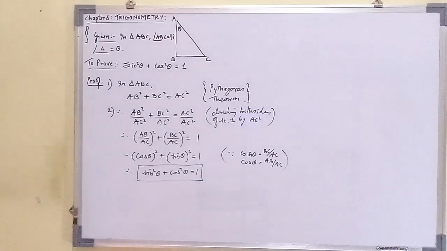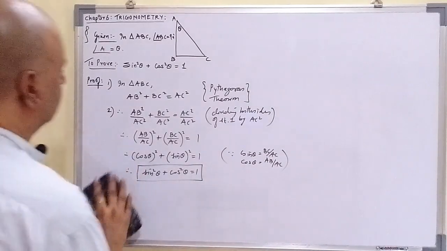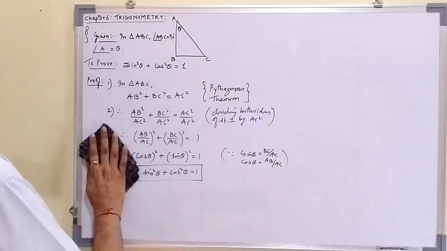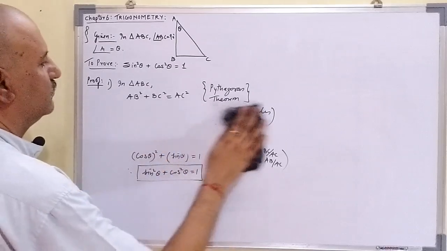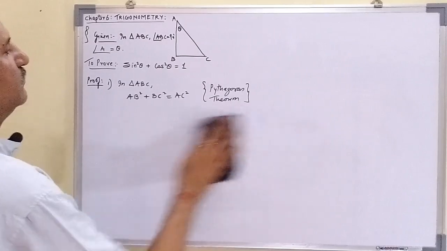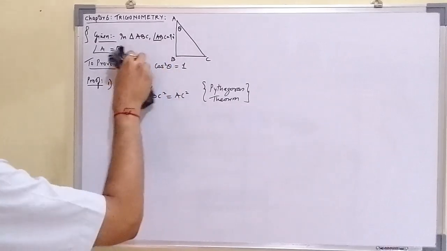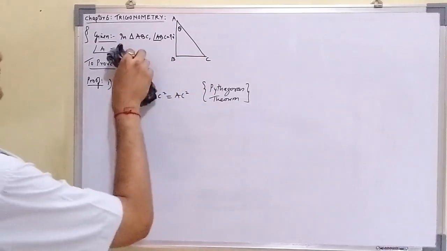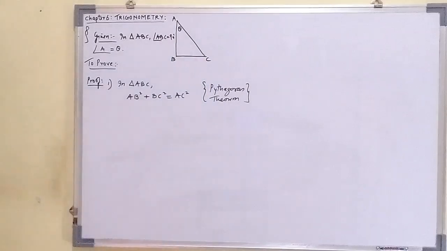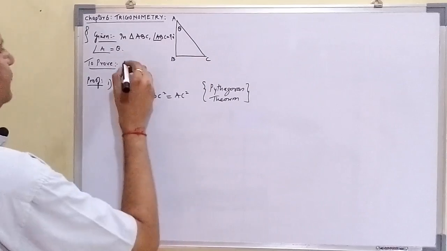अब हम नेक्स्ट जो प्रूफ है उस पर जाते हैं. ये सेम रहेगा, सिर्फ this will be 1 plus cot square theta.